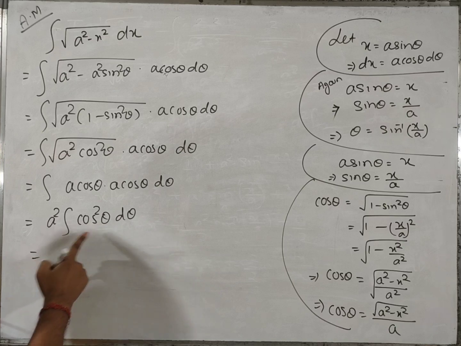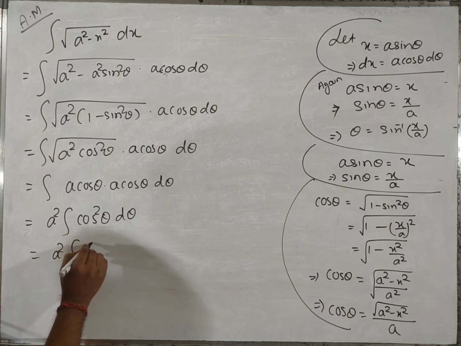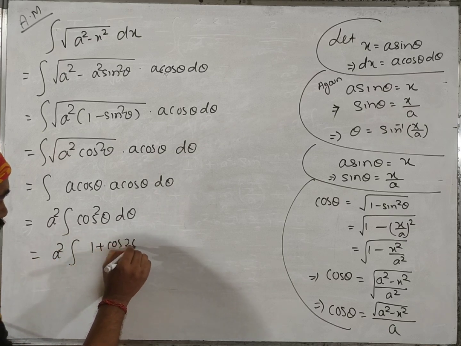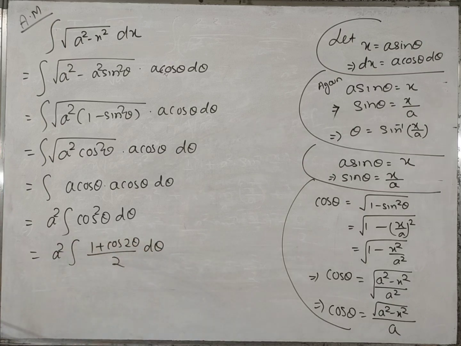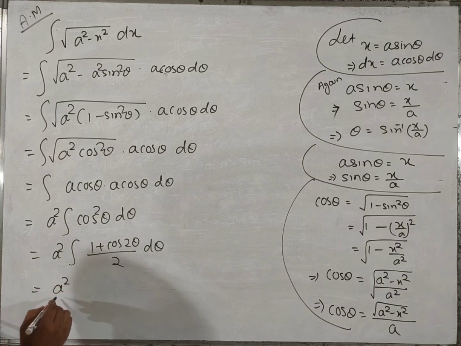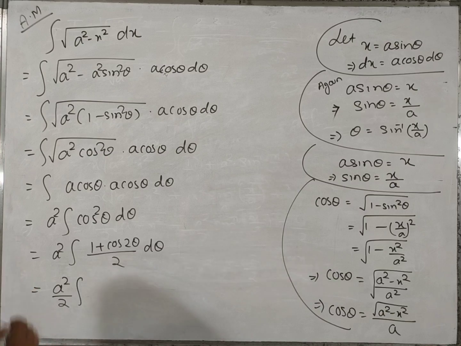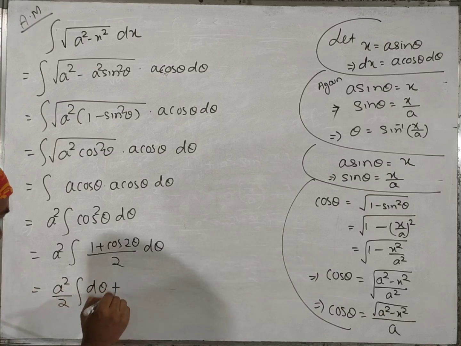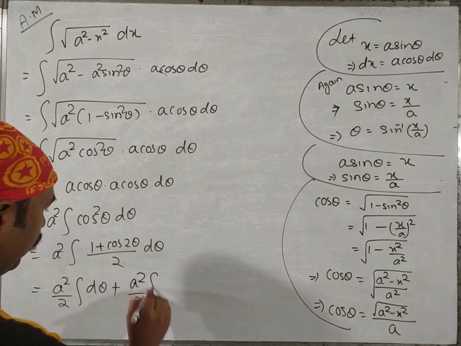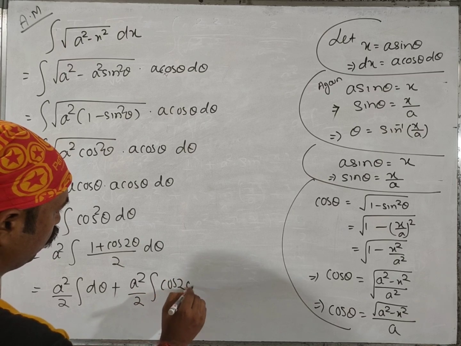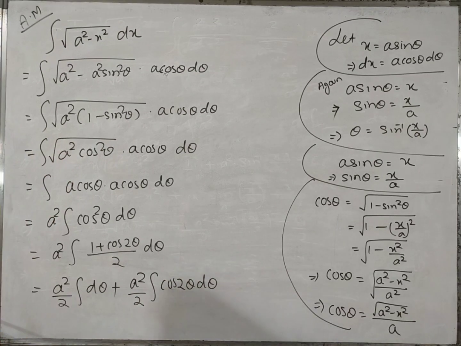In place of cos square theta, we can put the formula 1 plus cos 2 theta whole divided by 2, d theta. Then by simplifying this step, we have a square by 2 integral of d theta plus a square by 2 integral of cos 2 theta d theta.